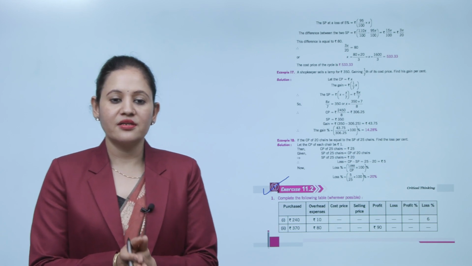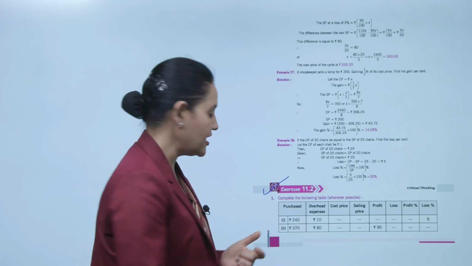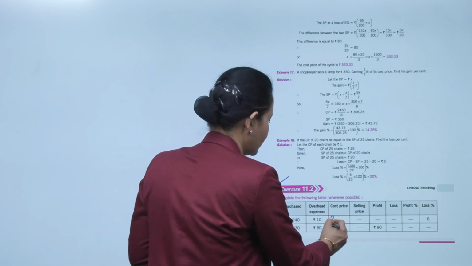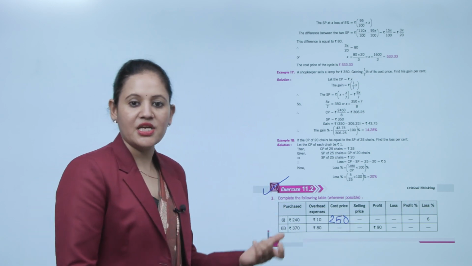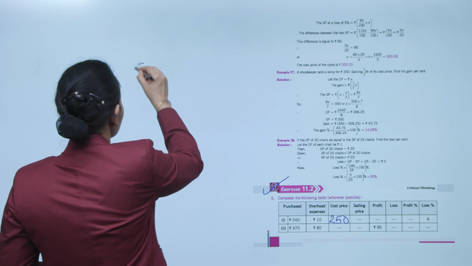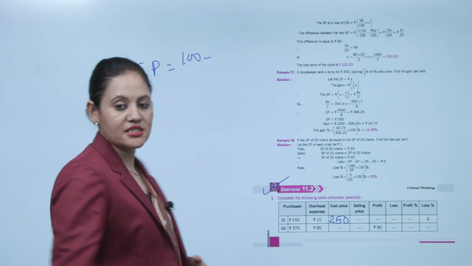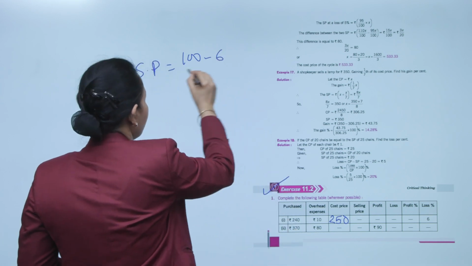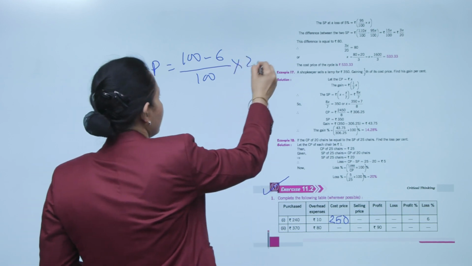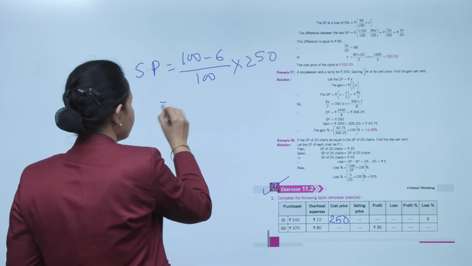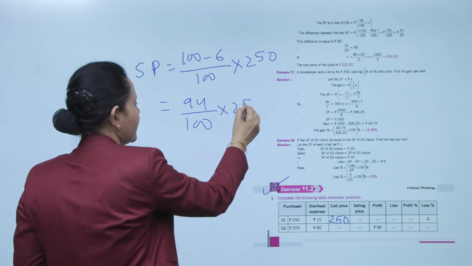Complete the following table. Here, purchase is rupees 240, overhead expenses rupees 10. So cost price is 240 plus 10, 250 rupees. Now loss percentage is given. We have to find the SP. So SP equals 100 minus loss percentage upon 100 into CP, that is 94 upon 100 into 250.